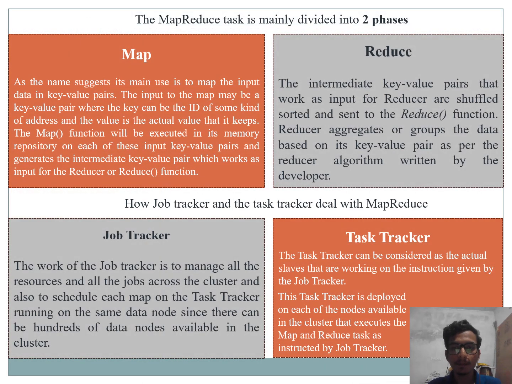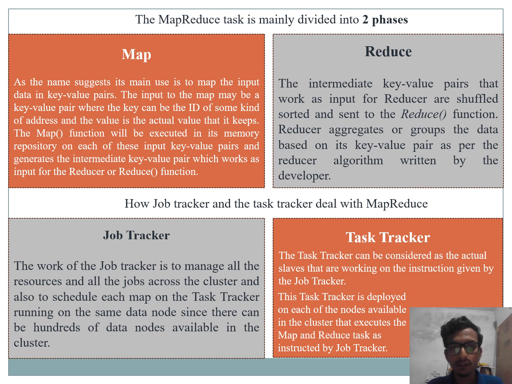Basically, MapReduce is divided into two phases. The first one is map and the next is reduce. Map is when you get a certain query or data, it is divided into several parts, and those parts are divided into key and value pairs. This dividing and mapping all comes under the map phase.